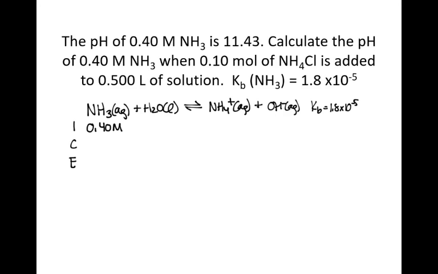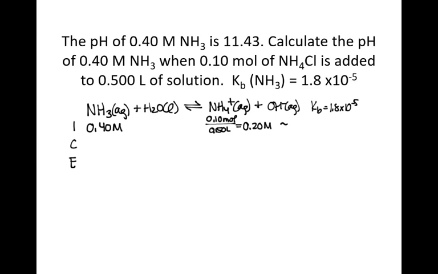We get NH4+ from the 0.1 mole of NH4Cl that's added. There's a 1-to-1 relationship between moles of NH4Cl and moles of NH4+, and the whole volume is 0.5 liters. Okay, so that means that the initial concentration of NH4+ is going to be 0.2 molar.